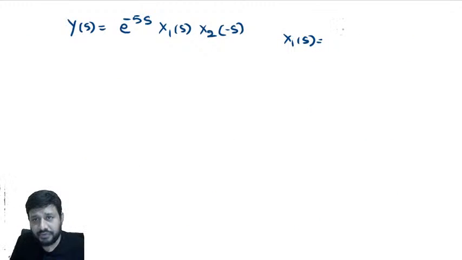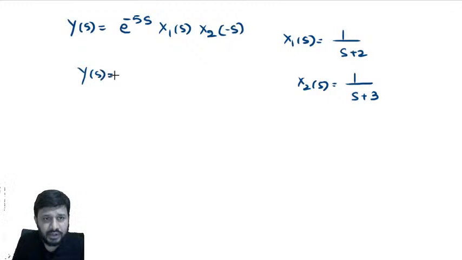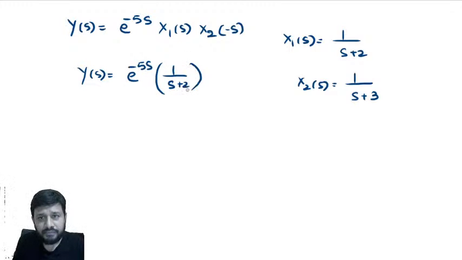So X1 of s is 1 by s plus 2. What is X2 of s? 1 by s plus 3. So Y of s is equal to e raised to minus 5s, X1 of s 1 by s plus 2, X2 of minus s 1 by minus s plus 3.